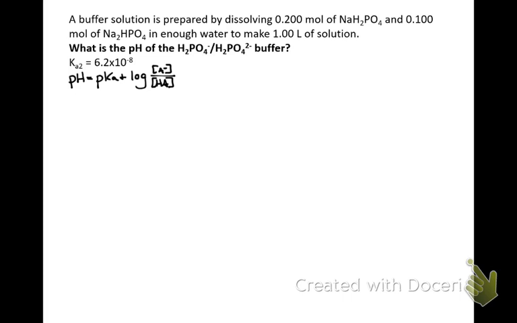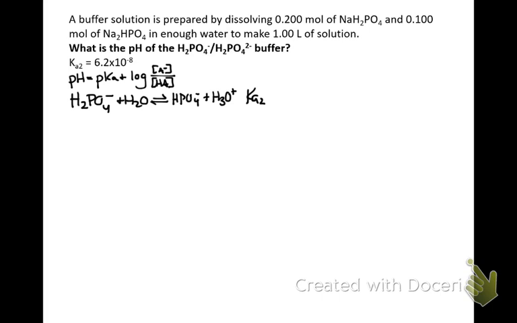Our relevant chemical reaction is H2PO4 minus plus water in equilibrium with HPO4 2 minus and H3O plus. This is just the Ka2 reaction for phosphoric acid.